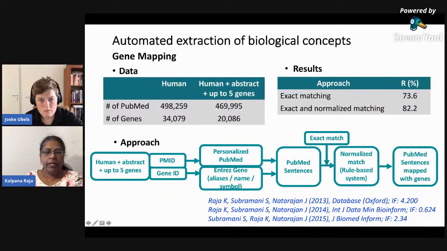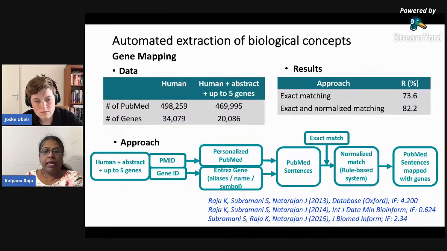As I mentioned earlier, the annotation in Gene to PubMed includes only the gene ID, but gene IDs do not appear in PubMed abstracts. So we got the aliases, names, and symbols for every annotated gene from Entrez Gene. Then we used that resource to find the gene mentions within the PubMed sentences.